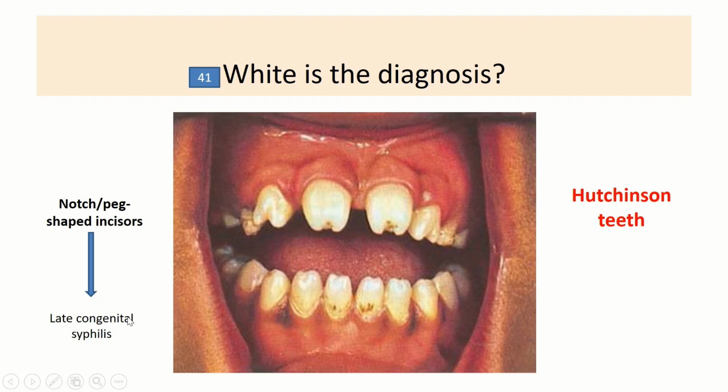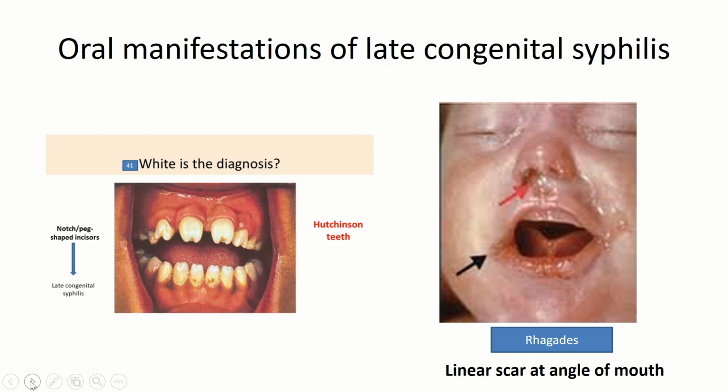Late congenital syphilis is defined as congenital syphilis after 2 years of birth. And here, another manifestation of late congenital syphilis is rhagades, as linear scar at angle of mouth. So one is Hutchinson teeth and the other is rhagades.